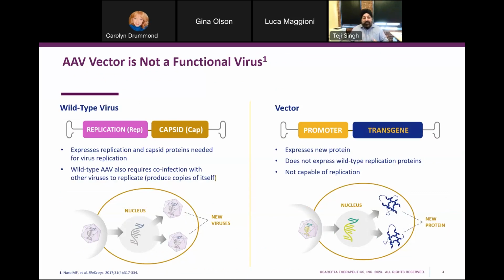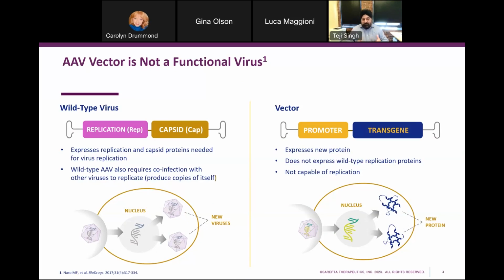Multiple types, but AAV vectors, or adeno-associated vectors, are the most common ones in clinical research and now also in commercial use. The neat thing about an AAV vector is that it is a non-functional virus. The wild-type AAV has within its genome replicase and capsid protein sequences, so it has the ability, in the presence of another virus, to replicate and produce new capsids.